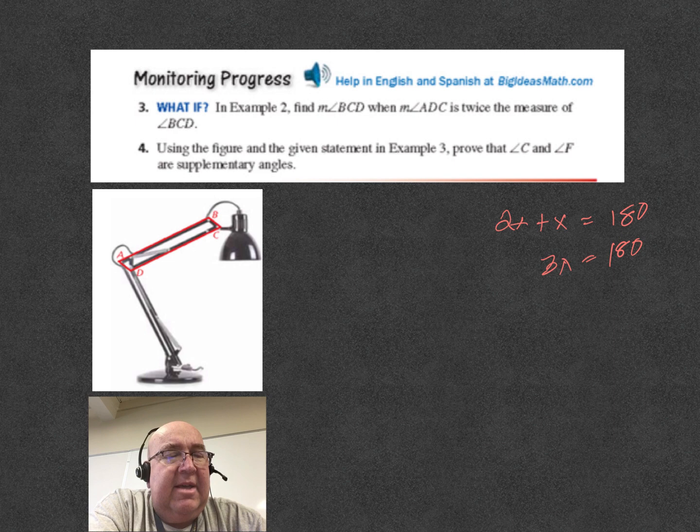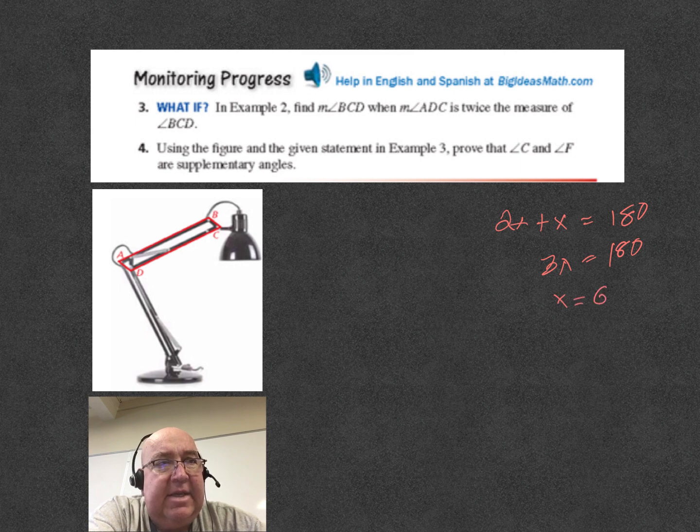And finally we get x is equal to 60. So one angle, BCD, is 60, and ADC is 120.